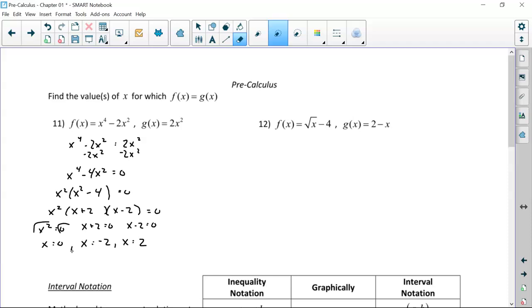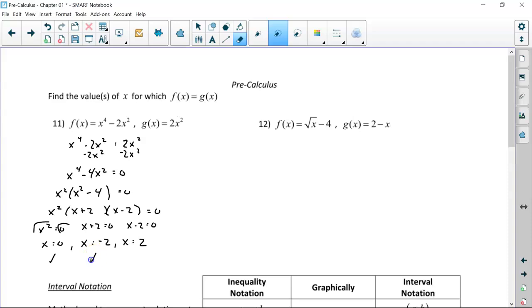Now we could go in and check these. 0 to the fourth minus 2 times 0 squared is 0. 2 times 0 squared is 0. So that one works. Negative 2 to the fourth is 16 minus 2 times negative 2 squared. So it's 16 minus 8, which is 8. 2 times negative 2 squared is 8.